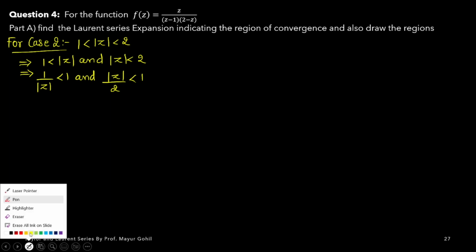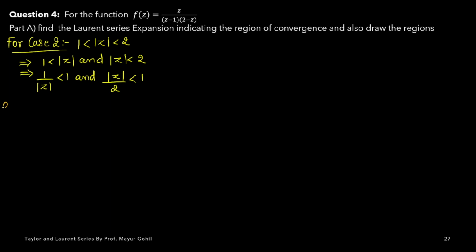So the partial fraction that we had seen was f of z is 1 upon z minus 1 plus 2 upon 2 minus z, okay? This is from equation number 4. Now let us see how to simplify this according to case number 2.